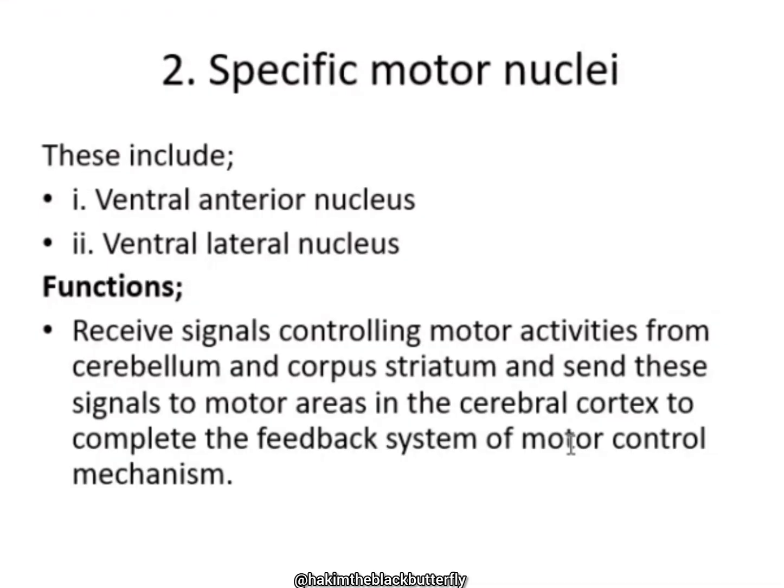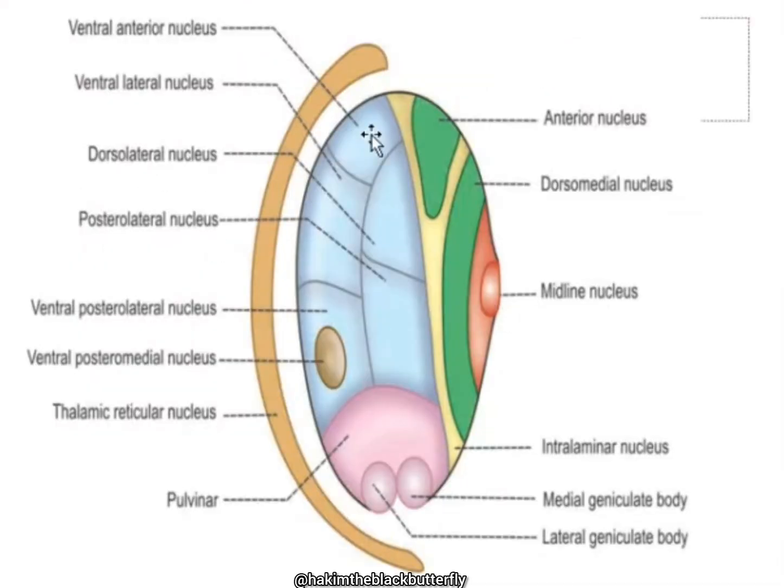So the specific nuclei of the thalamus which receive only motor-related impulses from the cerebellum and the corpus striatum, because the impulses coming from there are motor-related. Those nuclei of the thalamus which receive only motor-related stimuli, you call them specific motor nuclei, and they are two, the ventral anterior and the ventral lateral.